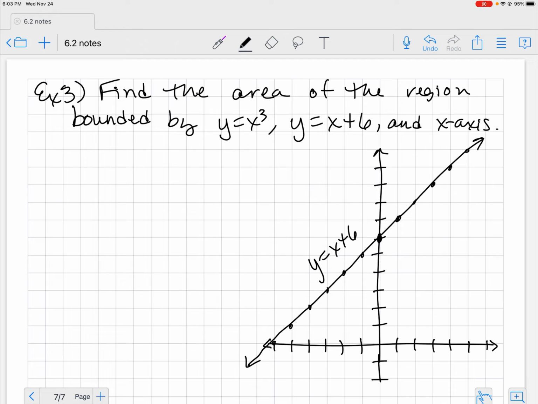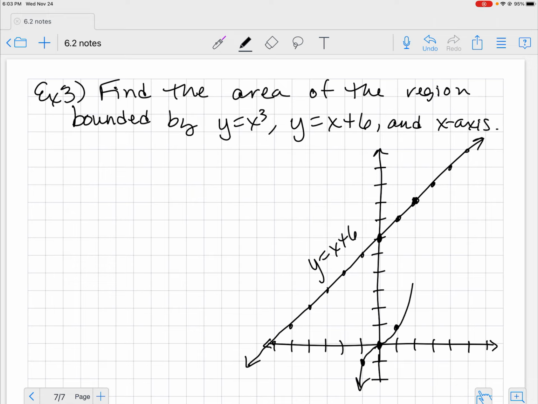Then I have this cube. So I know I'm at 0, 0, and then 1, 1, because it's cubic, right? If I plug in a negative 1, I'm going negative 1. If I plug in a positive 1, I'm going positive 1. 2, what's 2 cubed? 8. Well, look at that. As soon as it hits that, I'm not going to go any farther.